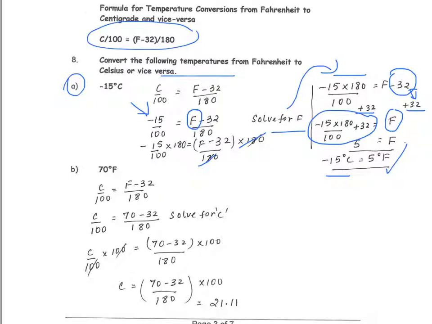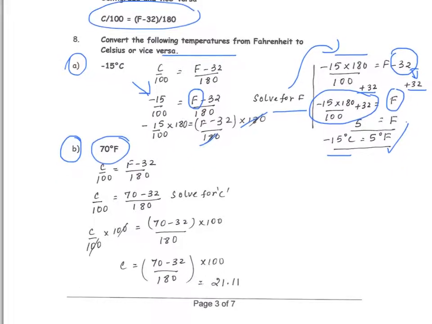Now basically here you have to know how to solve an equation, and you've probably done that in your algebra class. Now the next question, you're given the temperature in degrees Fahrenheit and you have to figure out the temperature in degrees centigrade. So you follow the exact same process as we did before.